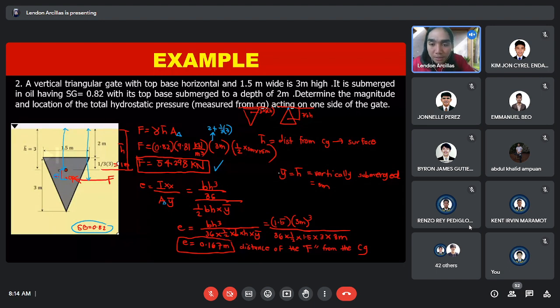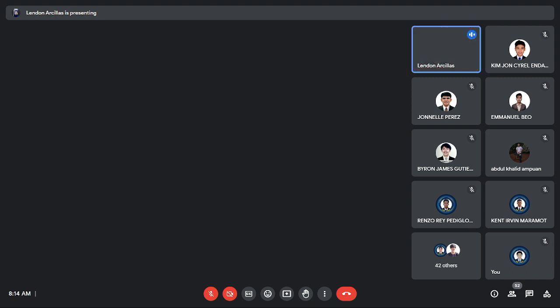So, that is the vertical distance. Okay, so this one is the centroid. Kaya pareho lang sila na value.